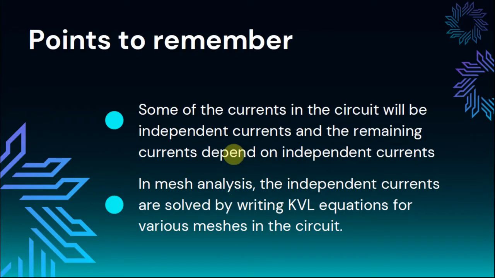When you use this technique, some of the currents in the circuit will be independent currents and the remaining currents will depend on the independent currents. So when applying KVL, you will be solving for the independent currents by using the KVL equations for each mesh in the circuit.